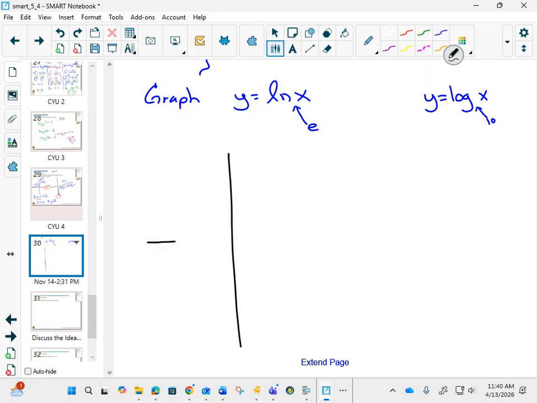They all have the following characteristics. If my base is e, I still have x equals 0 as my vertical asymptote. If my base is e, I still have the point (1, 0).